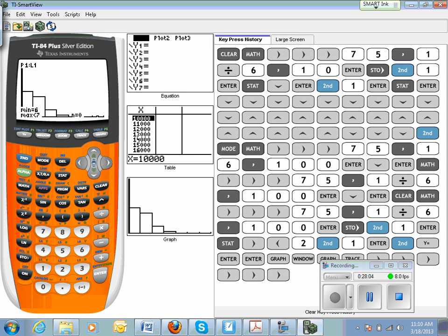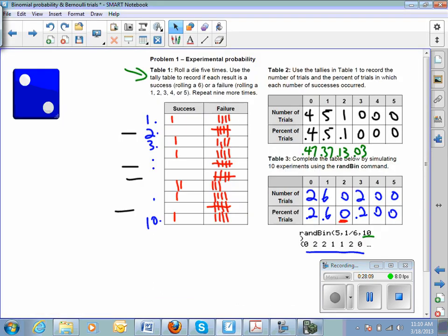Fours, fives, or sixes. Wow. That's a little bit surprising to me. How'd your results come out?